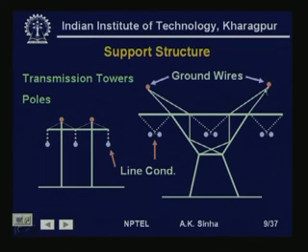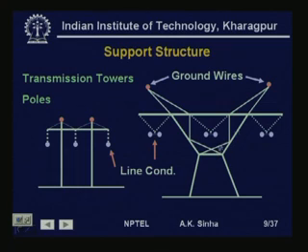Now, in these structures we also find that at the top of the towers or the poles we use ground wires. These ground wires are provided mainly to protect the phase wires from direct lightning strike.